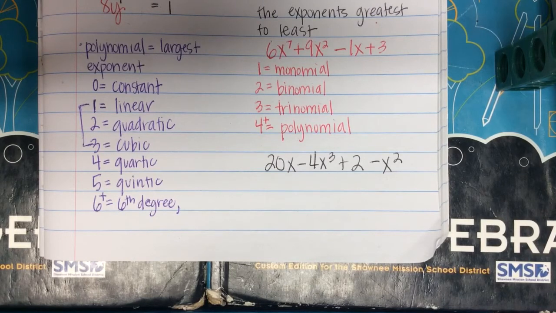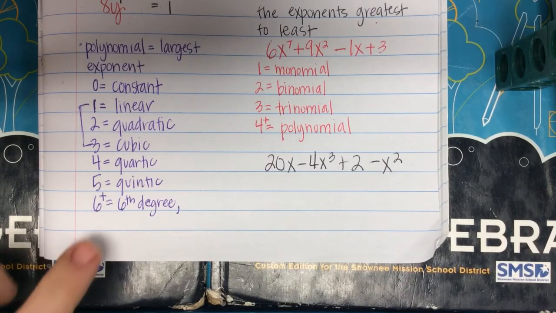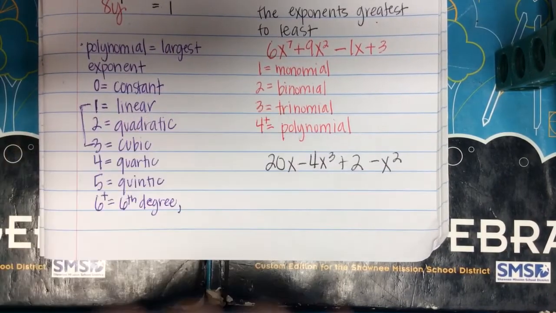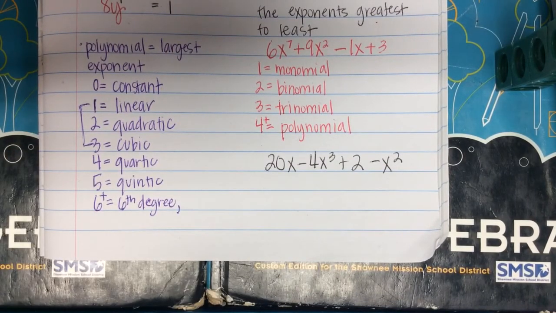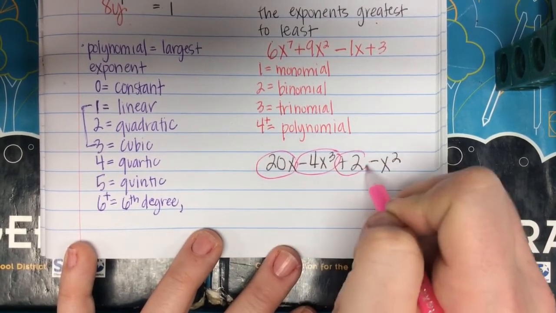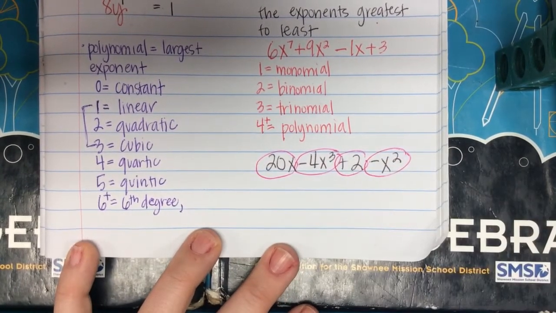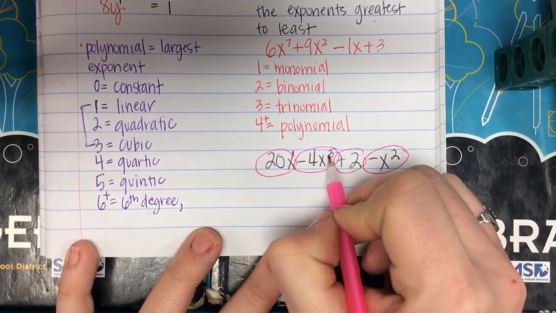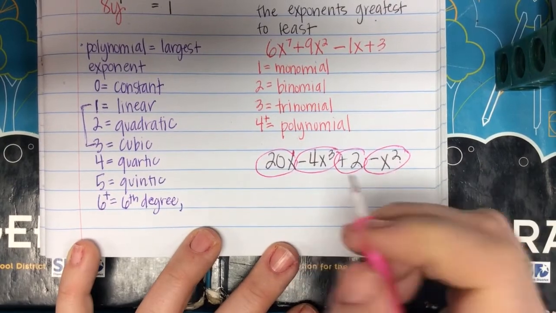Your homework tonight is going to ask you to put it in standard form, rearrange it. Then it's going to ask you to find the degree and the term. I like to write it down, then circle everything. And I look, that's an exponent of 1, 3, 0, 2.